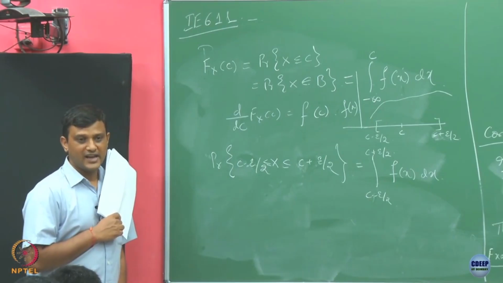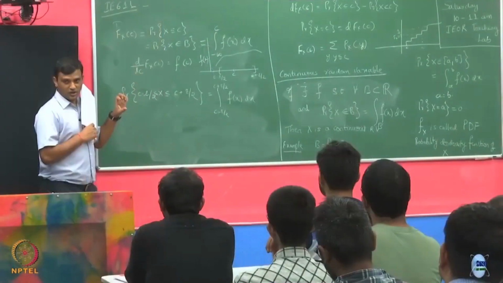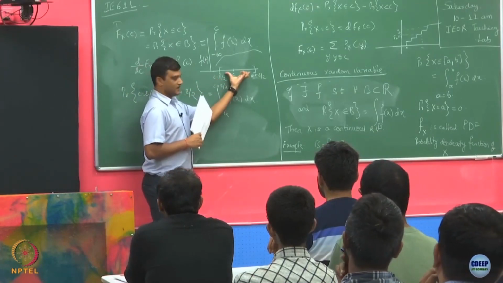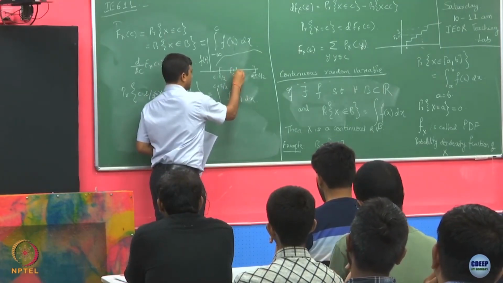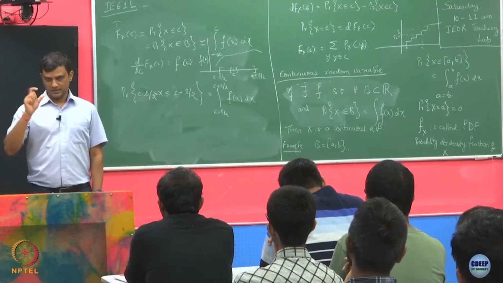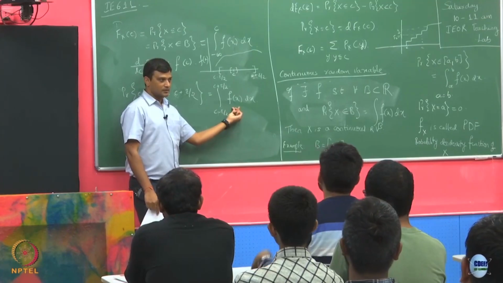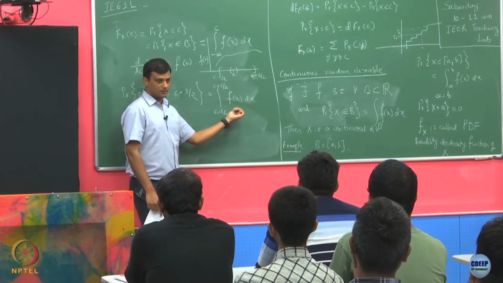And now suppose I let epsilon shrink or become smaller. If I let epsilon become smaller and smaller, this interval is shrinking, right? It keeps shrinking, and if I choose epsilon small enough, can I approximate this integral? How?